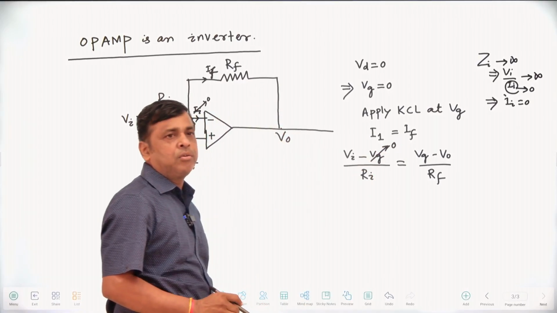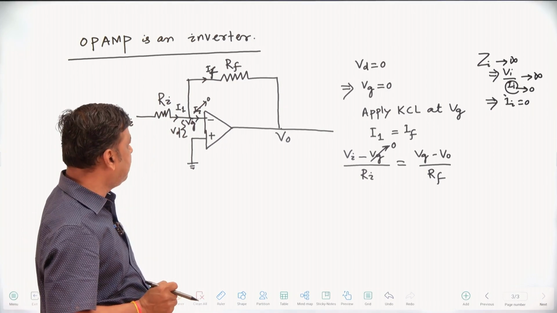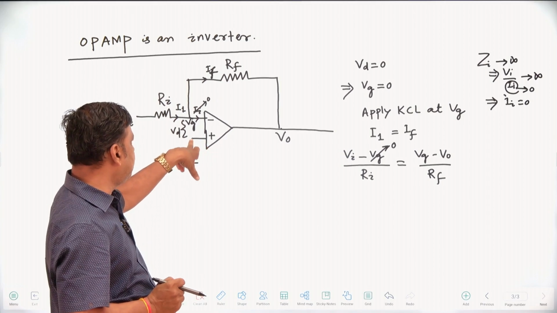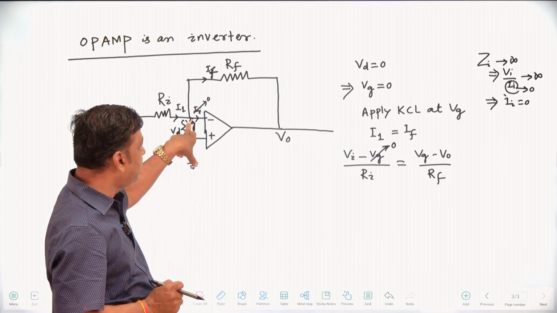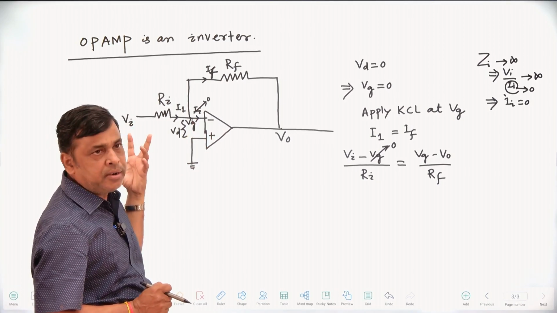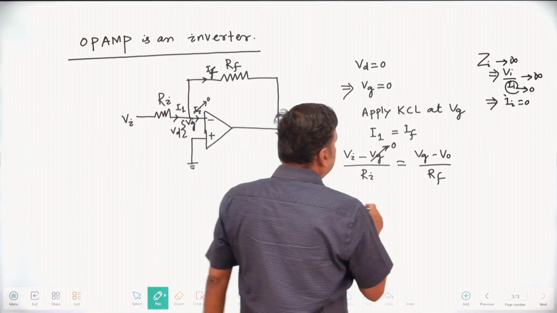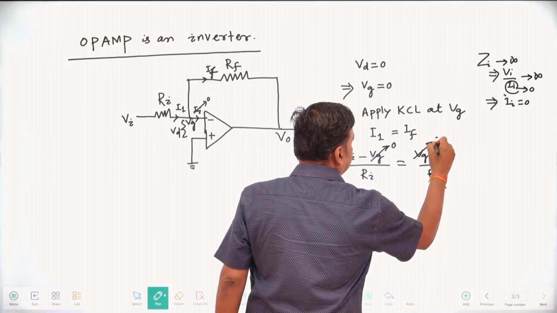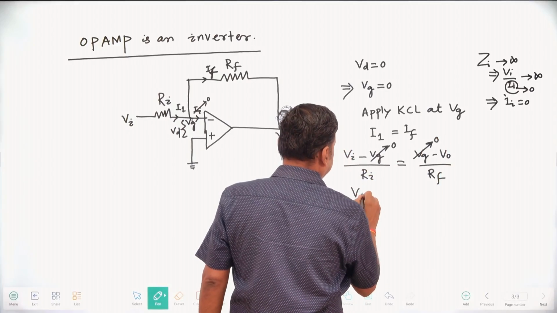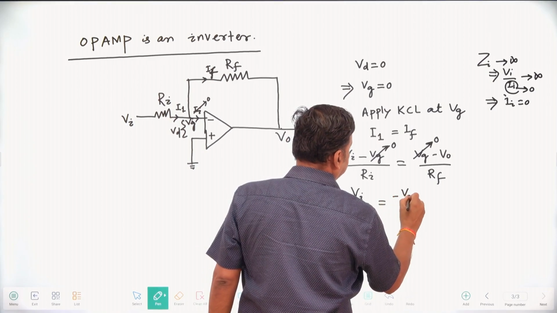Repeatedly I am telling you, due to the virtual ground concept, the gain is infinite and the input impedance is infinite. If the gain is infinite, this potential must be 0 to make the gain very high or infinite in the case of an ideal operational amplifier. So with Vg equal to 0 on both sides, Vi by Ri equals minus V0 by Rf.